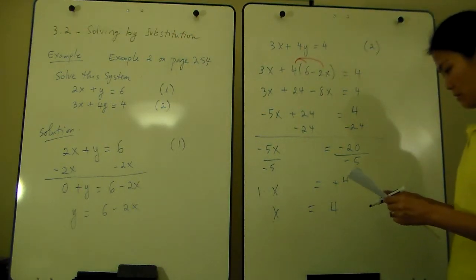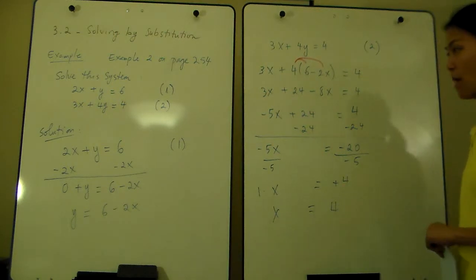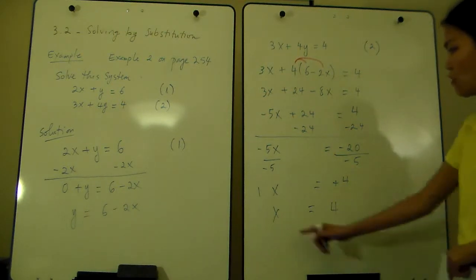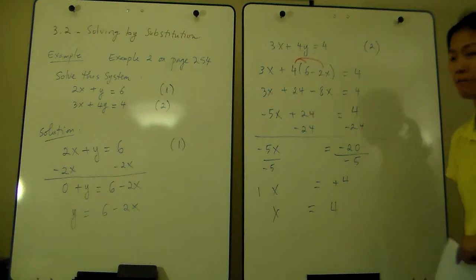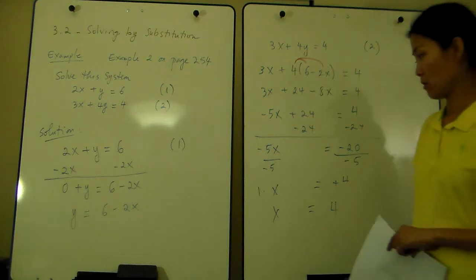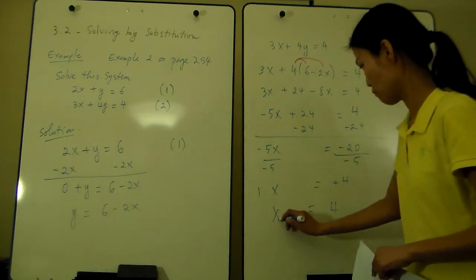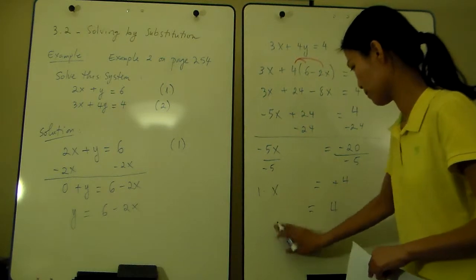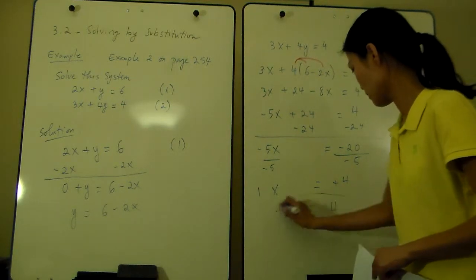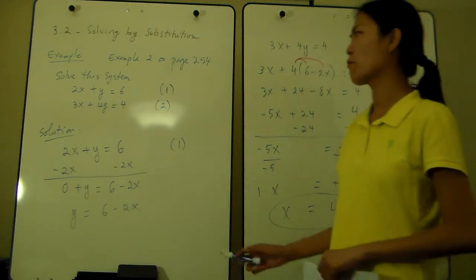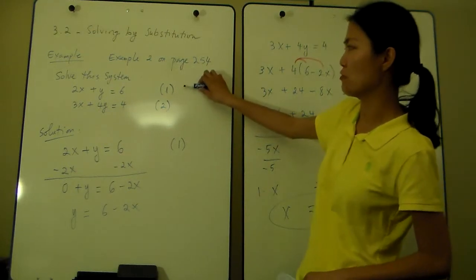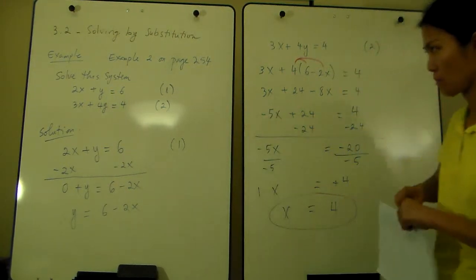Okay. So you know that x is 4 now. If you know x equals 4, can you solve for y? Now, we know that x is equal to 4, okay? So which equation are you going to use? We have two equations, 1 and 2.